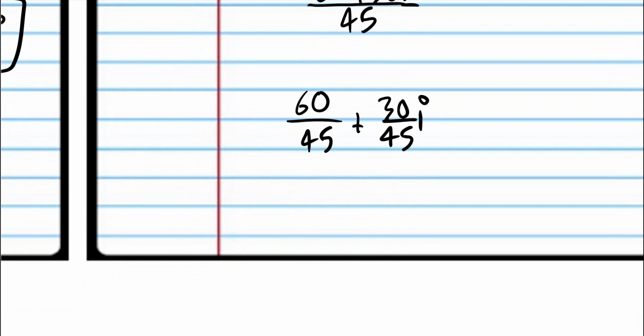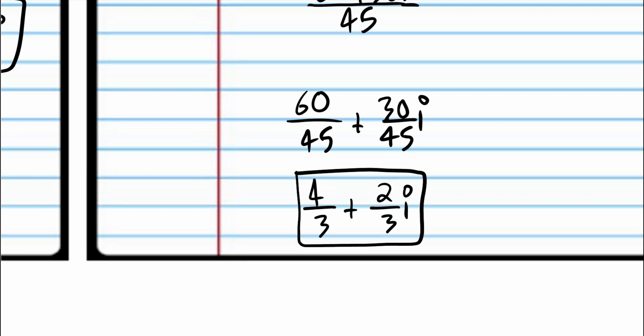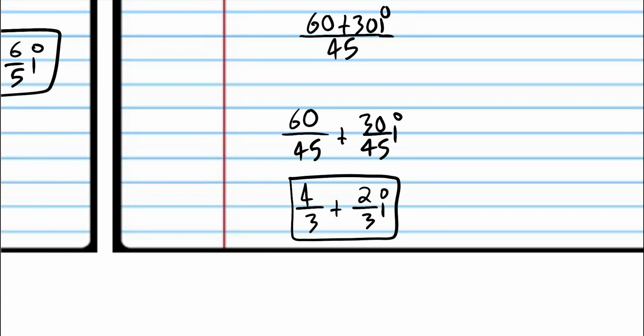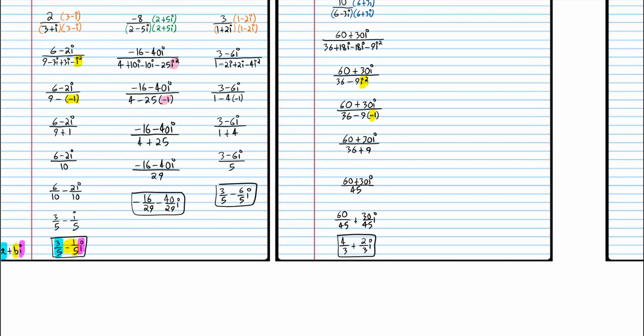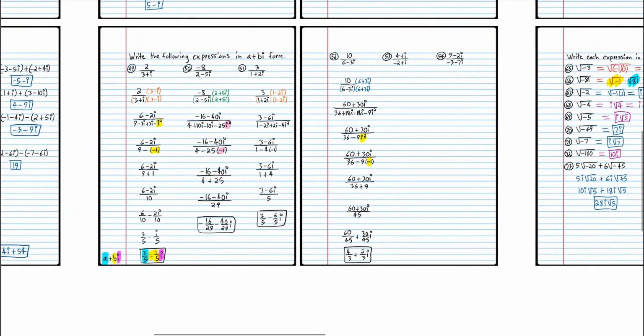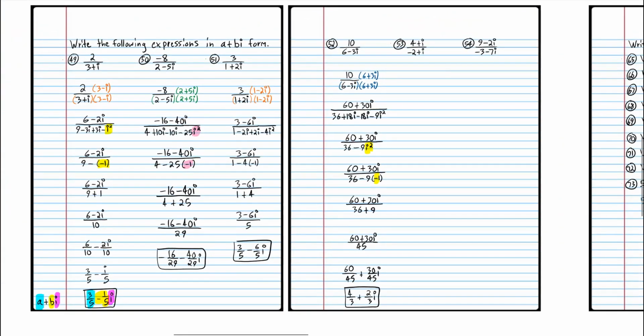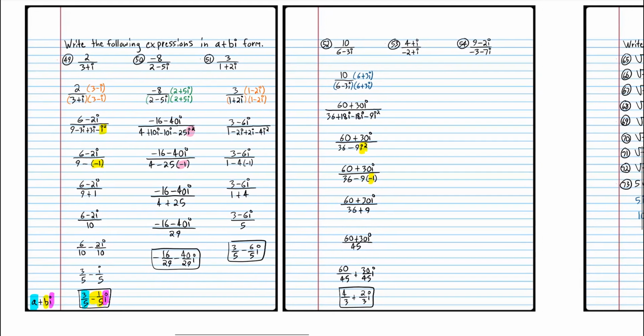And we can divide both sides of the fractions. It looks like we divide by 15. So we divide by 15. We get the following. So we got that right. Excellent. So let's try 53 together.